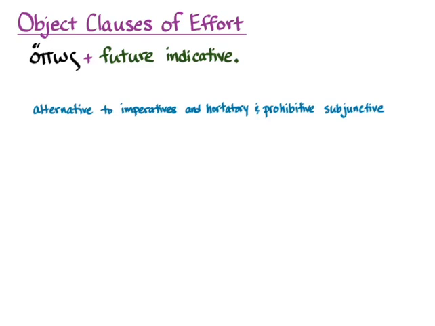The default translation for this is see to it that she will verb. So you can use hopos and the future indicative to express the result, the effort that you want to see happen, and sort of give that as an urging or a command, simply using this construction with hopos. The negative is still mē.